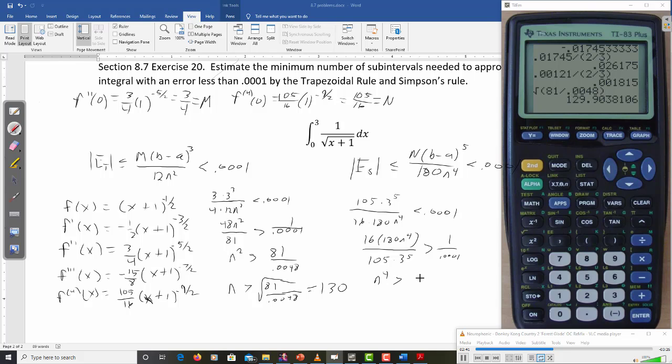is greater than, let's see, 105 times 3 to the 5th over 16 times 180 times 0.0001. Then I'm going to 4th root it. So in the calculator, I'm just going to do to the 1/4 power.